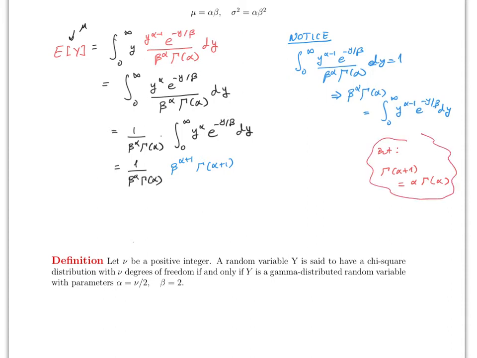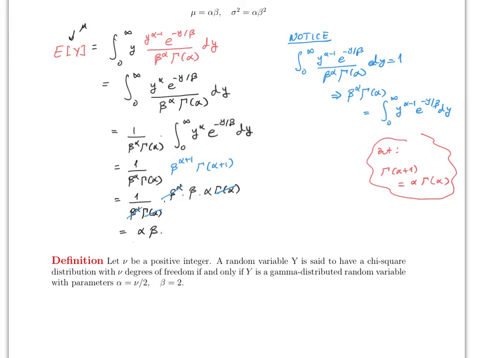So therefore this will be 1 over beta to the alpha gamma of alpha, times beta to the alpha times beta, times alpha, gamma of alpha, sorry. And you can see here that this will cancel, and the answer will be alpha beta, which is what we needed.